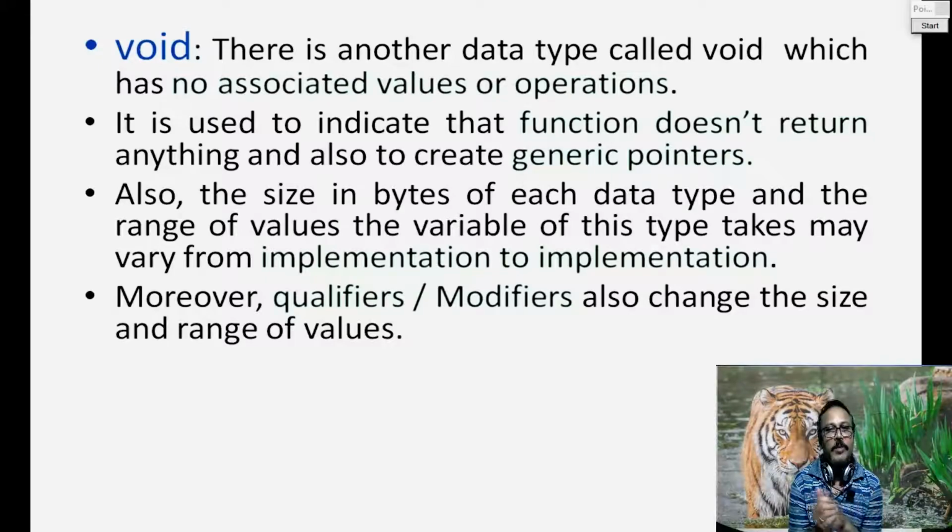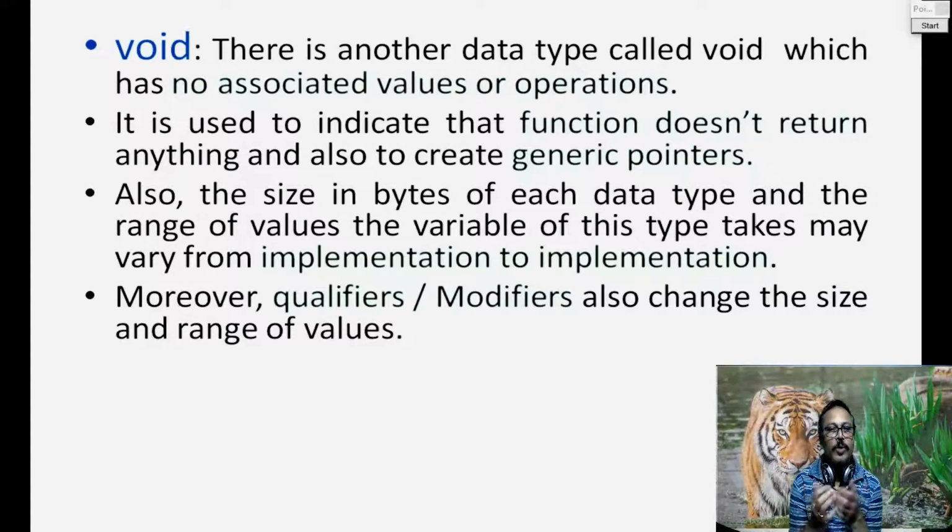The size in bytes of each data type may vary, and the range of values the variables of this type take may vary from implementation to implementation. How much size integer occupies, how much size float or double occupies, that may vary.